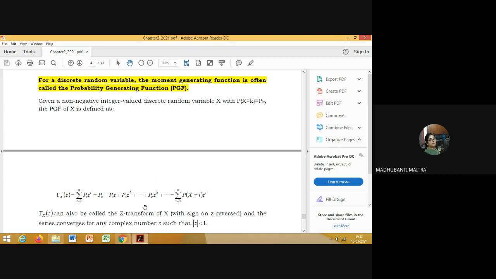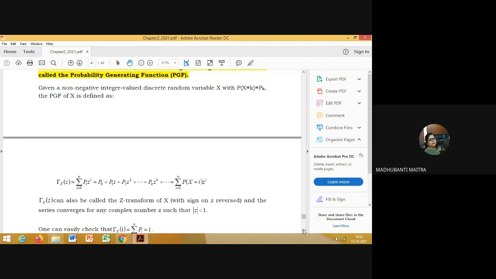So this summation can be expressed as the summation of probability x is equal to i, times z to the power i. Now this expression looks like a z transform if only this condition holds.